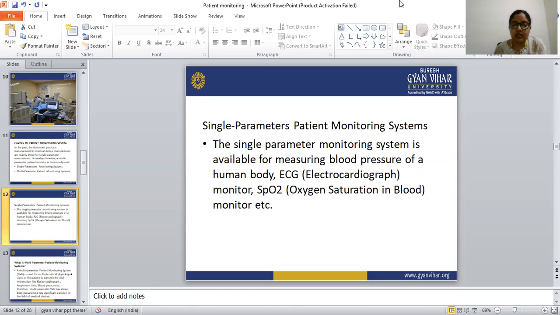And the patient monitoring system tracks the vital signs, physical status, and other factors. So there are lots of computerized systems, and the healthcare provider can watch all the parameters of the bedridden patient through them.